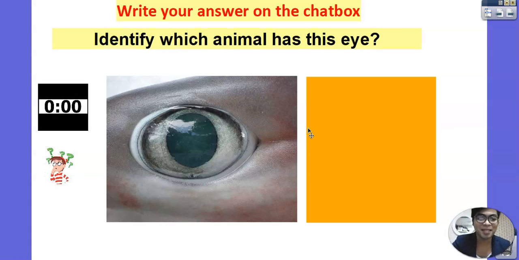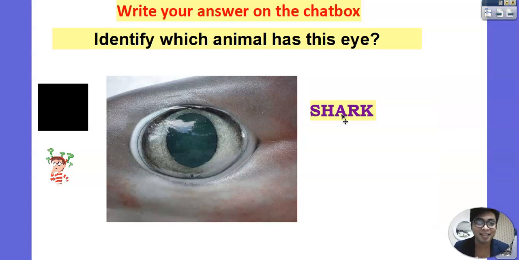Well, time is up. Let's see if you get it correctly. It's really easy. It's just a shark.